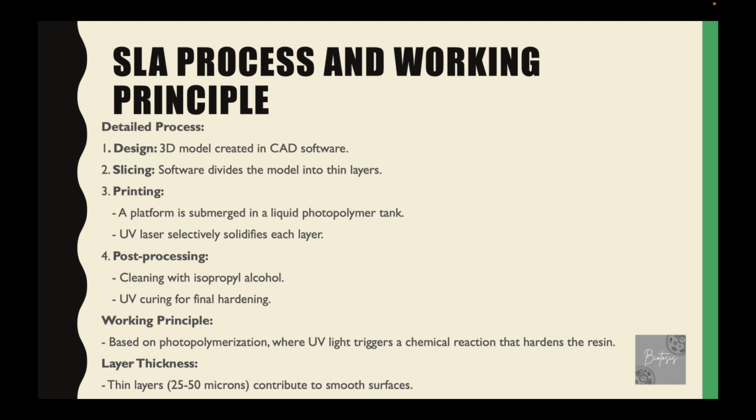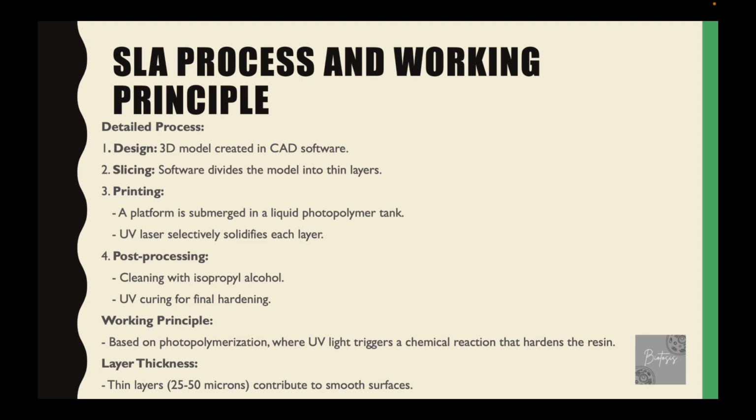infill. Talking about printing, a platform is submerged in a liquid photopolymer tank, and a UV laser selectively solidifies each layer. Post processing involves cleaning with isopropyl alcohol and UV curing for final hardening. As we studied in the beginning, it uses UV for photo curing.